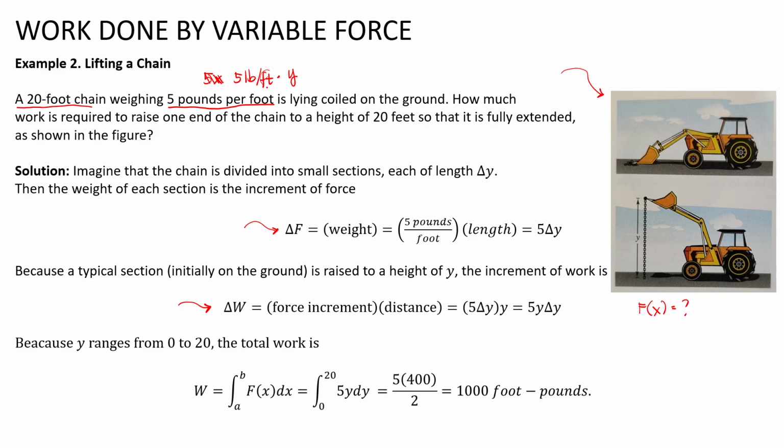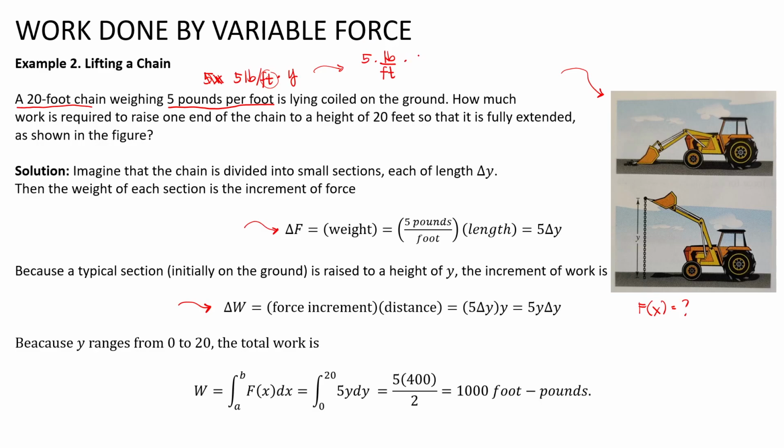To eliminate the foot, or if you want to see it in a clearer perspective, 5 pounds per foot. This term here is not yet a force, because you need to multiply it with a distance for it to become a force, right?